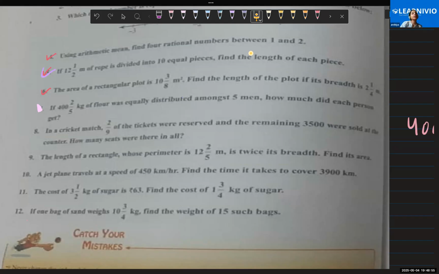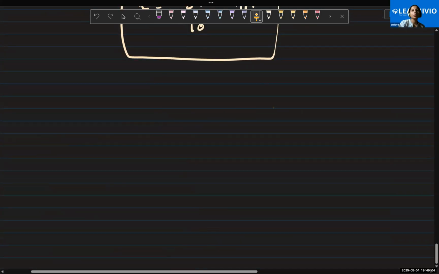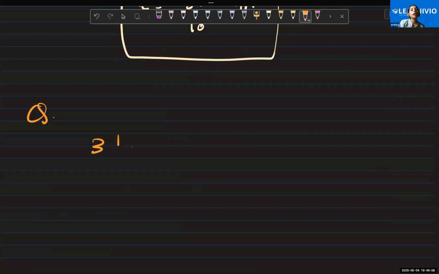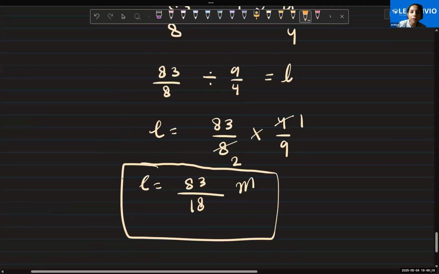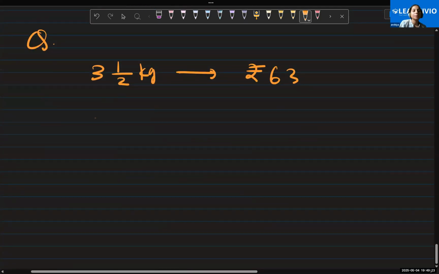Okay, let me write it here. So 3.5 kg sugar costs us rupees 63. What is the other quantity that's given? 1 3 by 4.